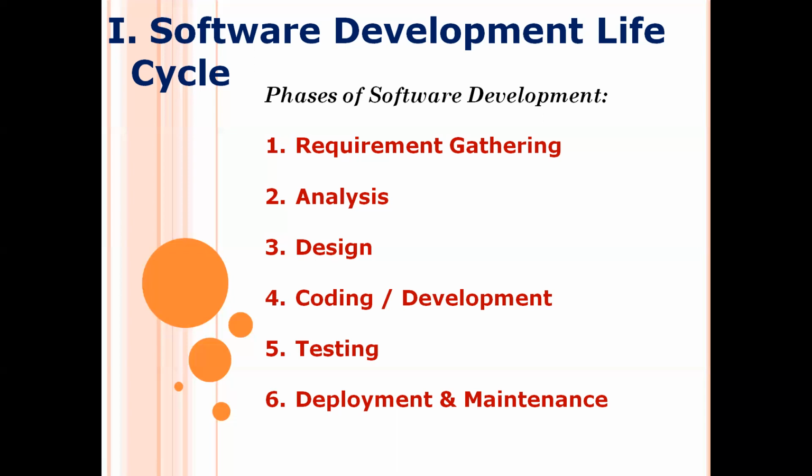One is HLD, high level design or global design, and another is LLD, low level design or detailed design. High level design is the overall system design, covering the system architecture and database design. It describes the relation between various modules and functions of the system.